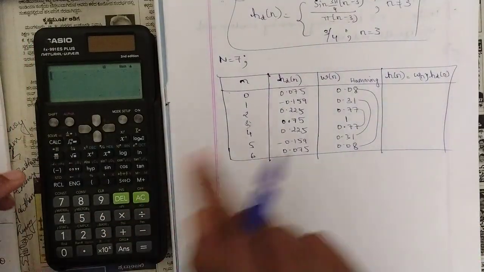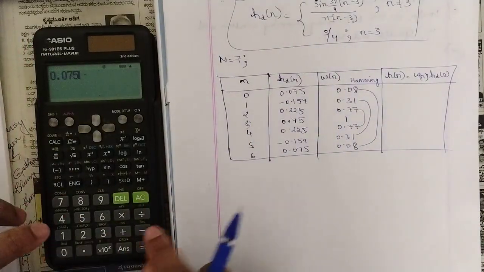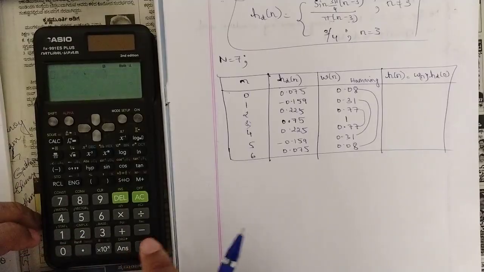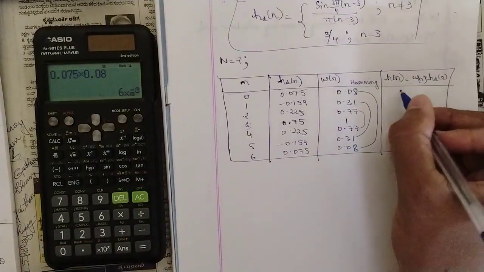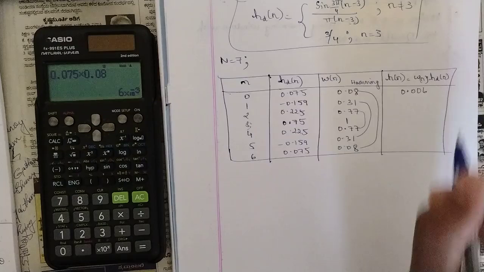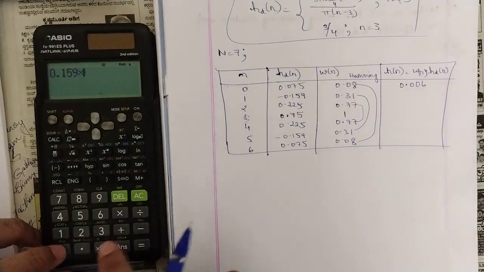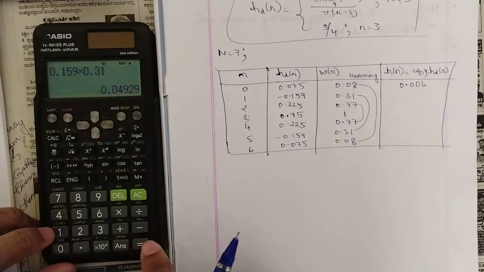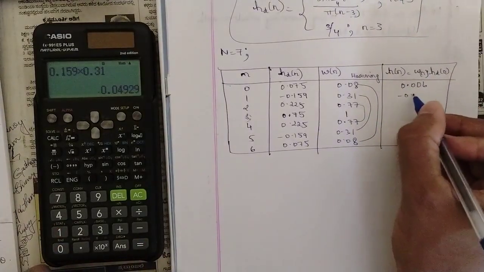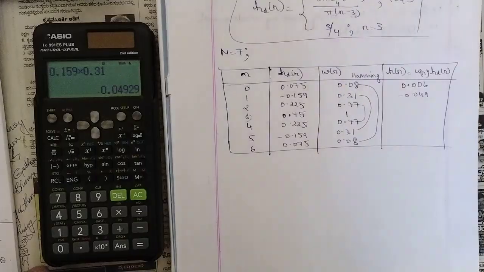Finally, multiply 0.075 into 0.08, that is 6 into 10 power minus 3, so 0.006. Next is 0.159 into 0.31, minus 0.049.